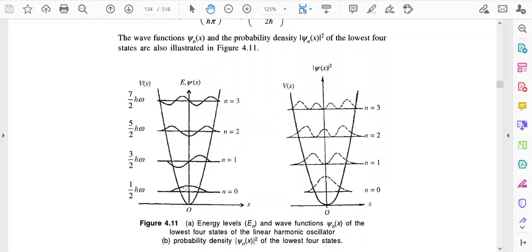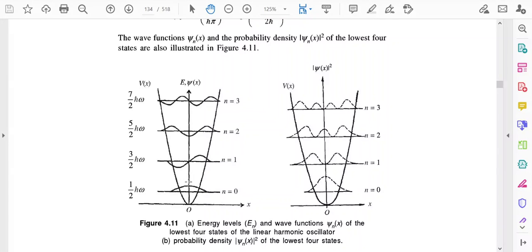If the graph is symmetric along the y-axis, we say that this function is symmetric or even. Now for n equal to 1, that is for the next state, if we plot, the wave function will look like this. But you see that this is not symmetric, because if you take a mirror image of this portion, it should be in the upper half, but actually it is in the lower half. So this is anti-symmetric, the nature of an odd function.